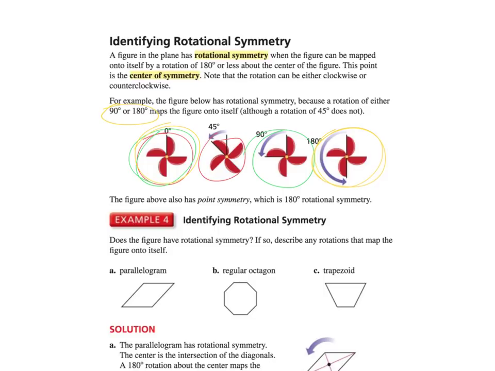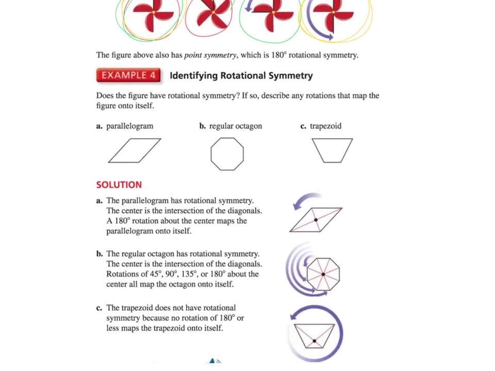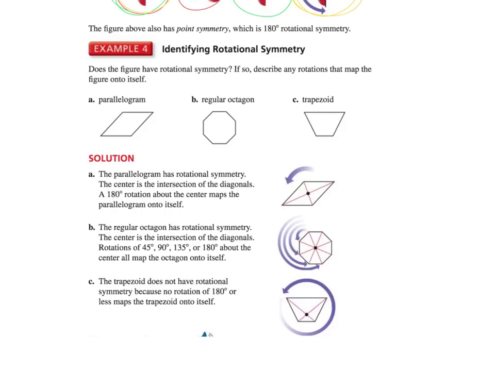For example 4, identifying rotational symmetry. For a parallelogram, is there rotational symmetry? What we're going to do is draw the diagonals. Your point of rotation is right there.